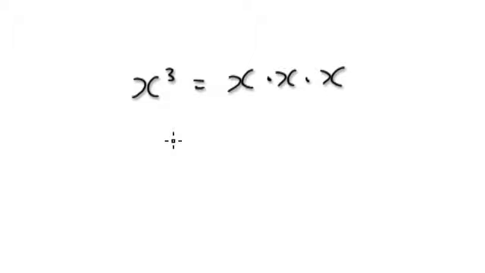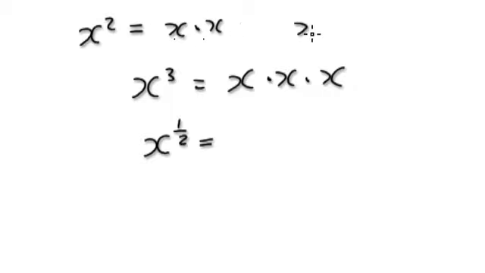That's what it means. You can have x to the power of 2, so that means x times x. X to the power of minus 3, well, jump to this, then you get an idea of what's going on.